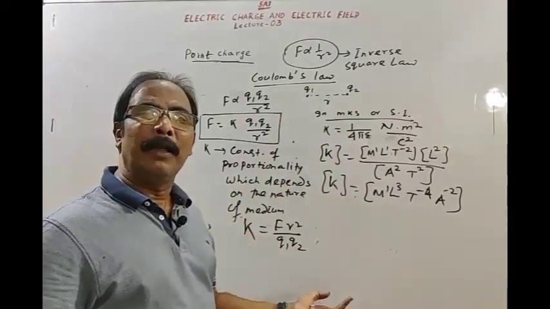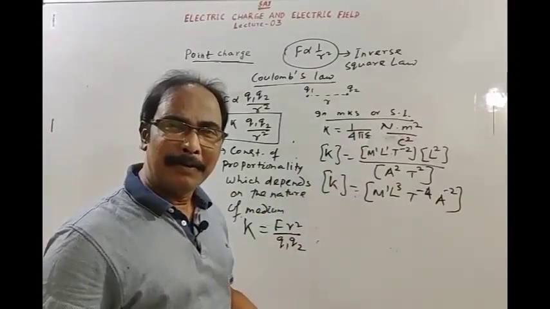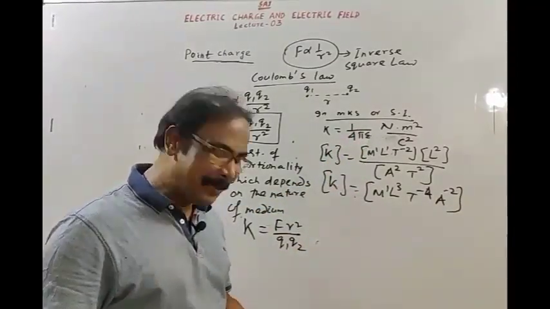K depends upon nature of medium, but 1 by 4 pi is constant. Then how does K depend upon nature of medium? It is through this epsilon. What is epsilon? Epsilon is called permittivity, which depends upon nature of medium. Since epsilon depends upon nature of medium, K depends upon nature of medium.